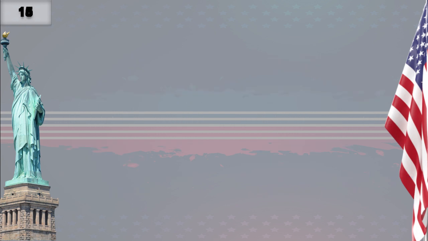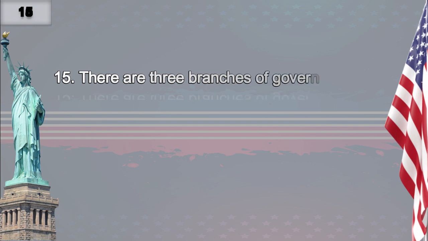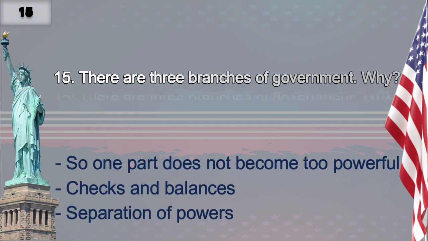Question 15. There are 3 branches of government. Why? So one part does not become too powerful. Checks and balances. Separation of powers.